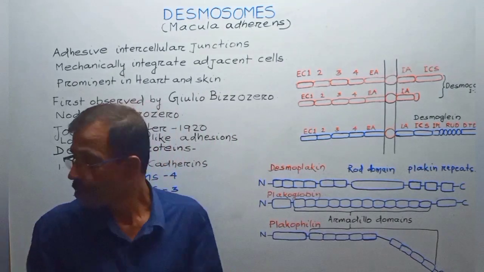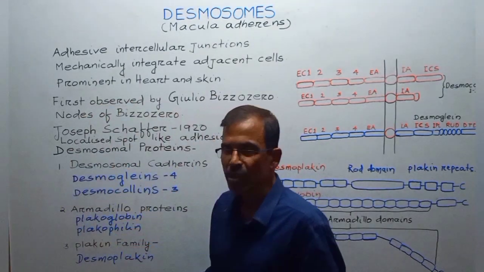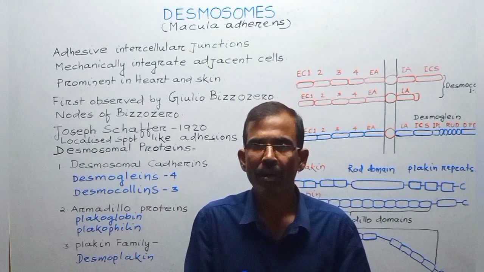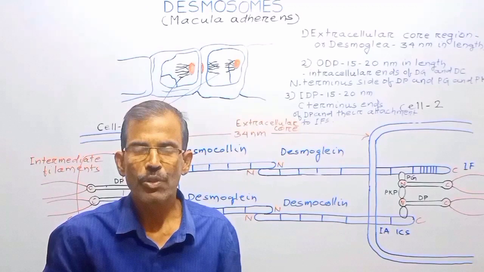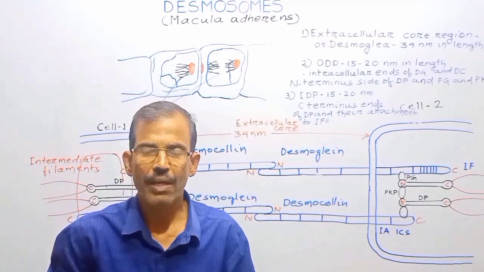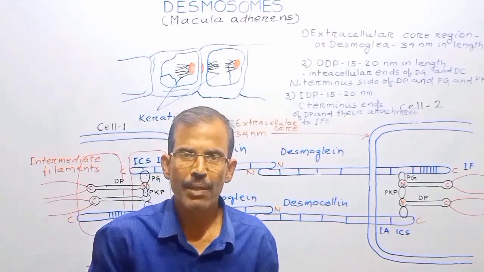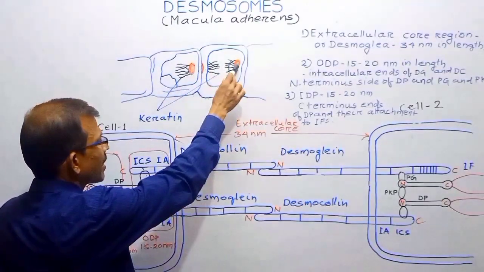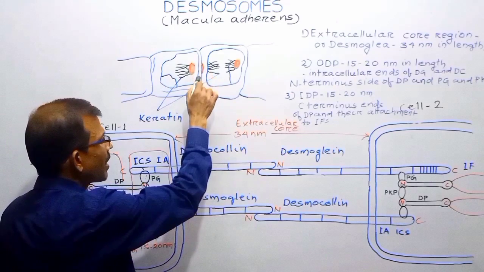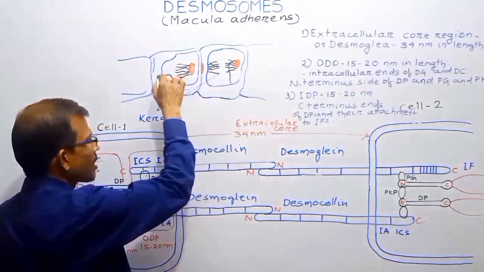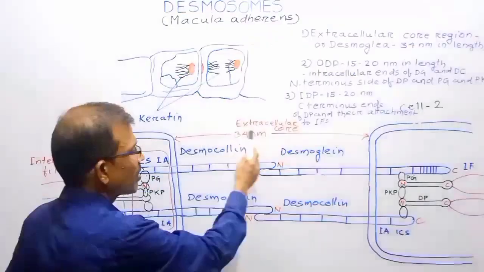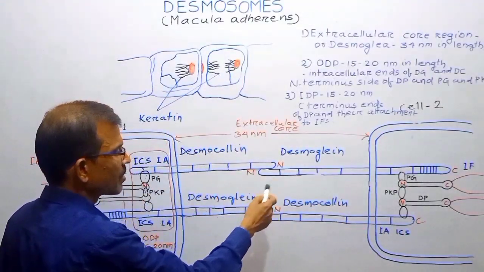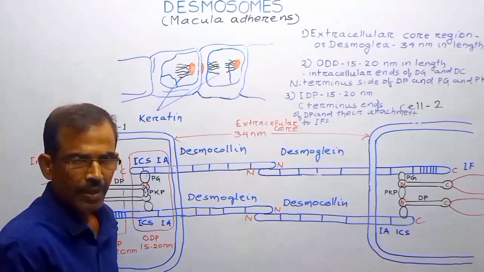So friends, all these 3 types of proteins associate in a specific manner to form desmosomes. Desmosomes are a type of junctional complex present in animal cells. They are localized spot-like adhesions randomly arranged on the lateral sides of the plasma membrane. This figure shows the association between different components of the desmosome.